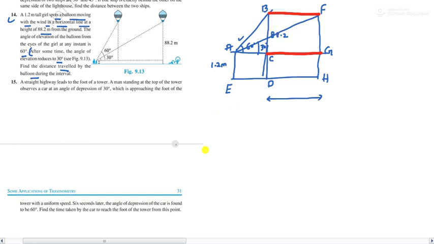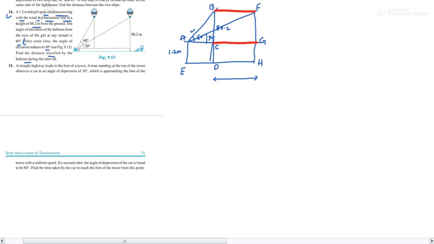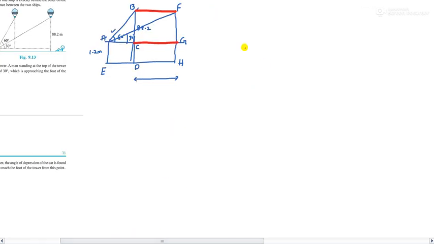Okay, so if you look carefully, again we have two figures here. So let me write the figure separately. This is F, G, and this point is A. And this angle is how much?